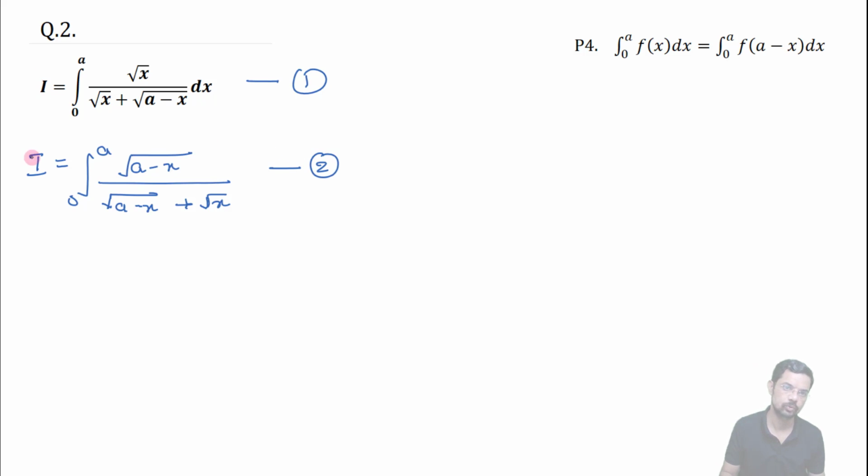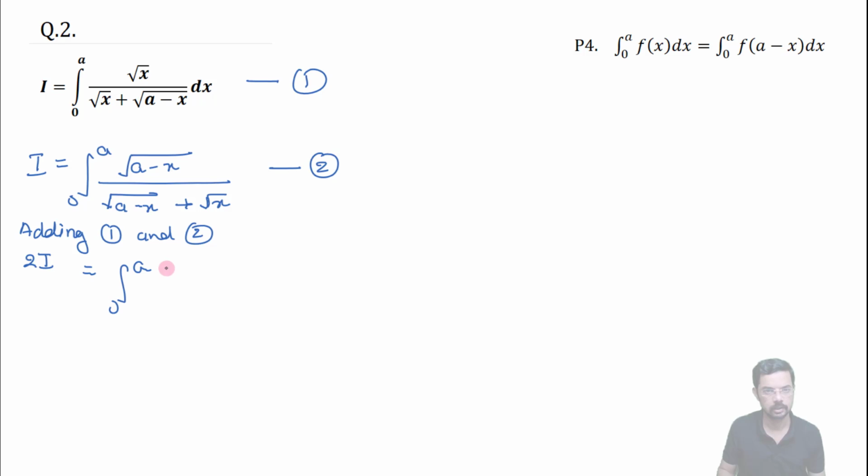When we add these two equations, equation 1 and equation 2, we get 2I equal to the integral from 0 to a of (root of x plus root of a minus x) divided by (root of x plus root of a minus x).